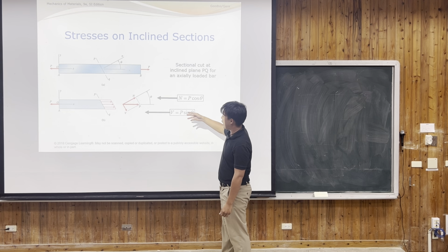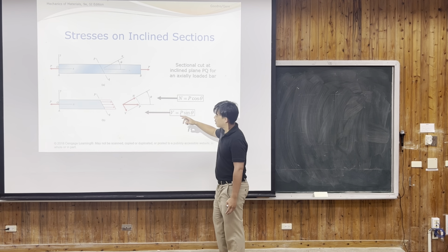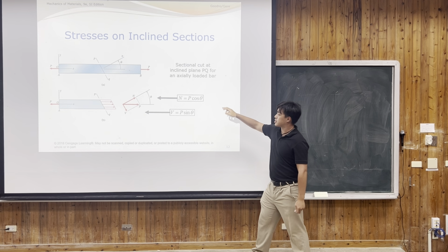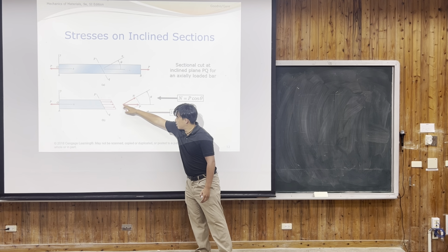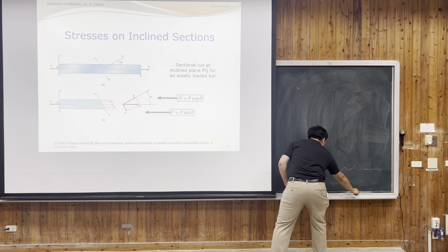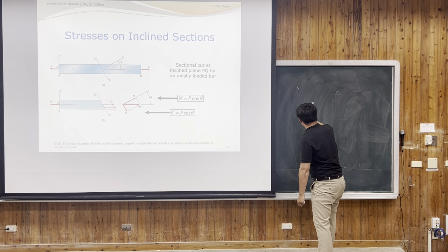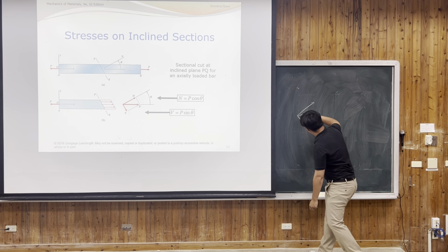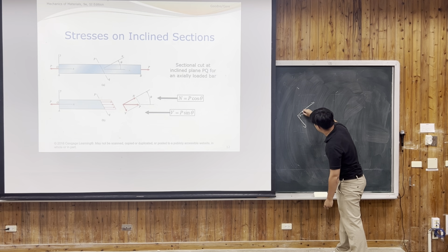So by this rectangle, when we are calculating, for instance, we just times cosine theta, because this is perpendicular, and this is theta.